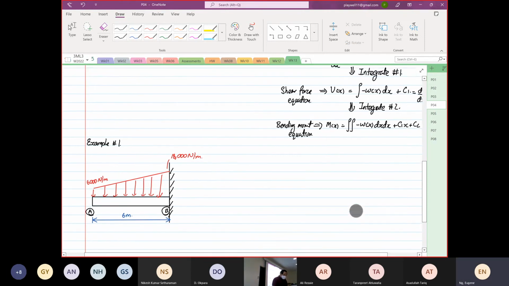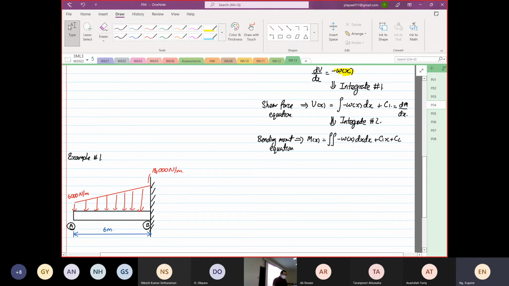Now, before the break, we had the shear force equation in terms of C1 and the bending moment equation in terms of C1 and C2.